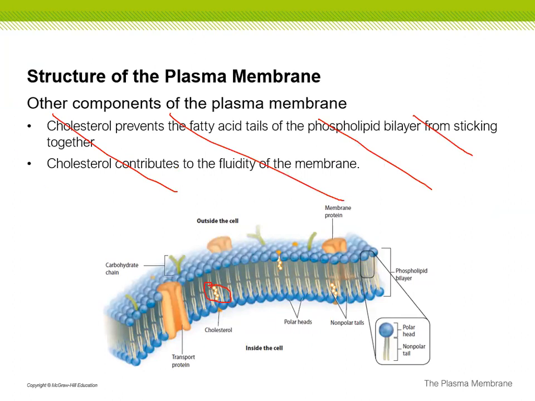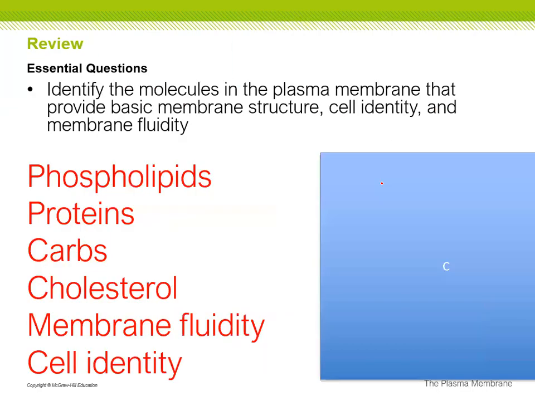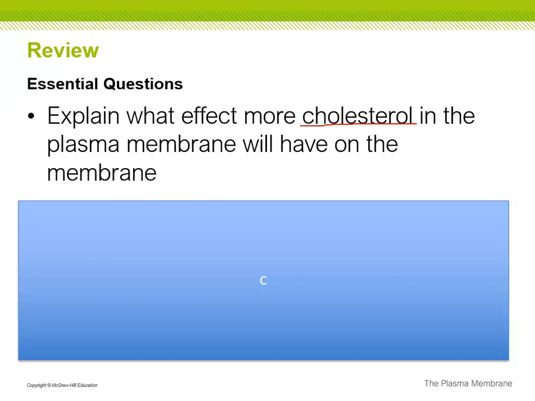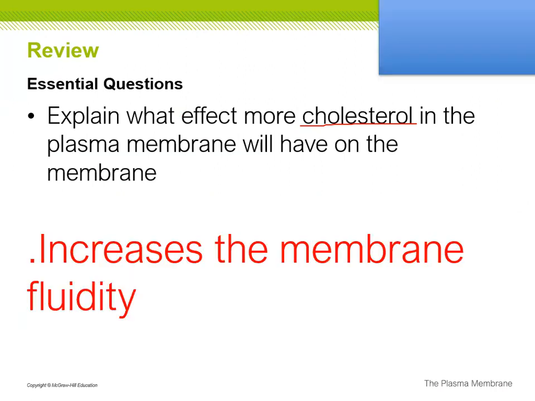Here we go. Yeah, this part here. Cholesterol prevents those fatty acid tails from sticking together. So cholesterol contributes to the fluidity of the membrane. So we know that cholesterol is just going to make it more fluid. It's going to increase that fluidity. It's a necessary ingredient.